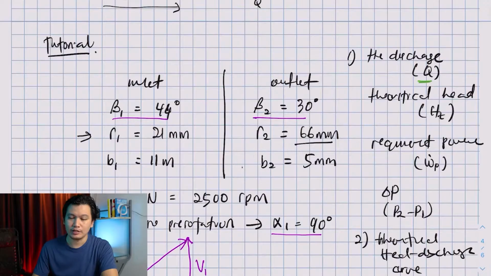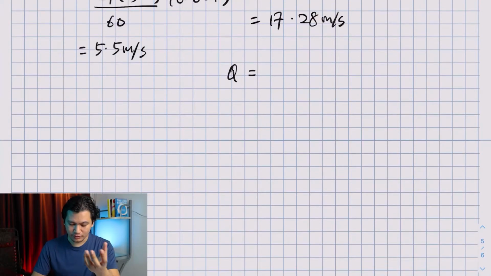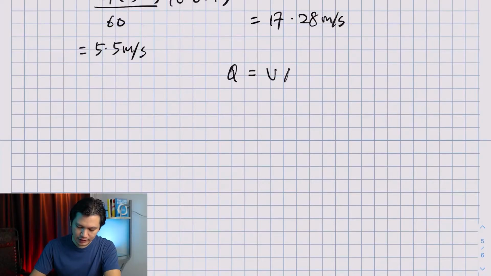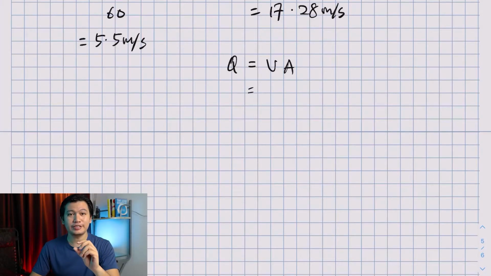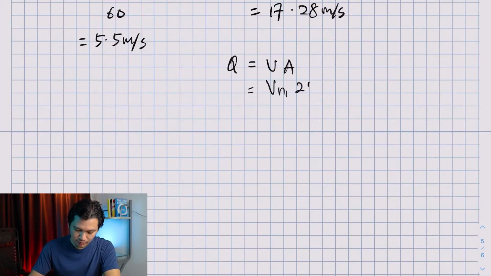First, you are looking for the discharge or Q, the volume flow rate. We've done this before. It is velocity times area. The velocity will be the velocity that is perpendicular to the blade speed. So this is Vn1, and the area at inlet is 2 pi R1 B1.